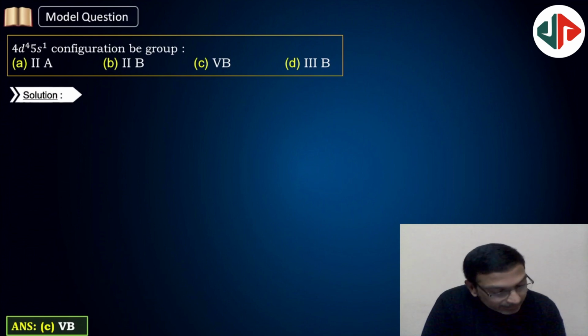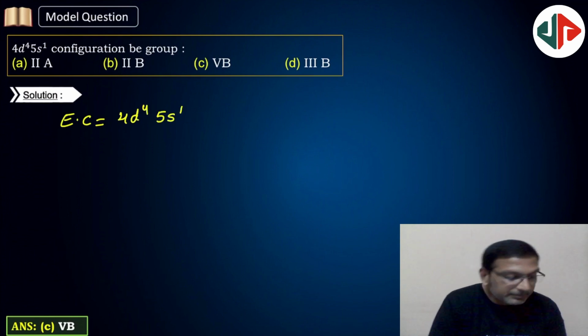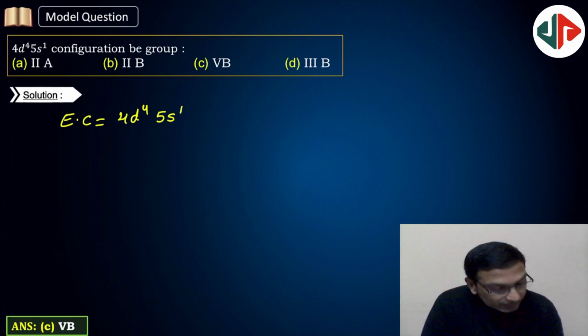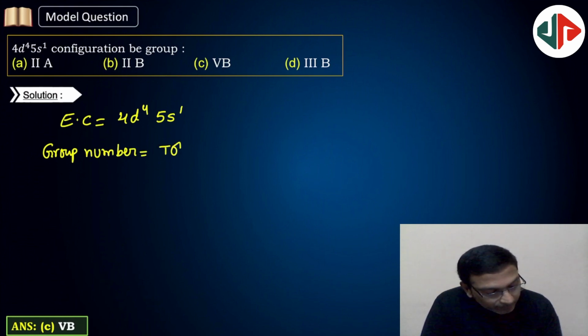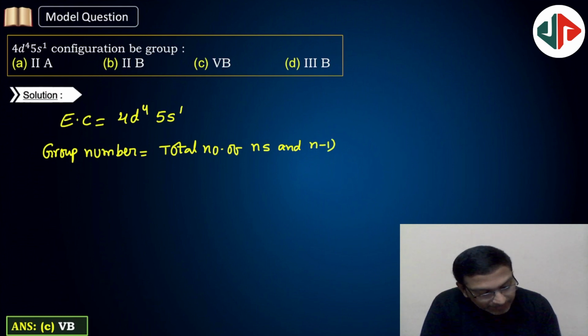Given electronic configuration 4d4 5s1 belongs to. So here group number in case of d block is equal to the total number of ns and (n minus 1)d electrons.